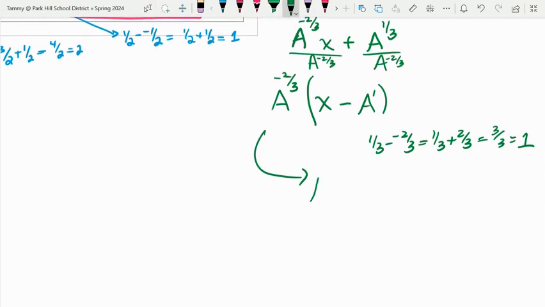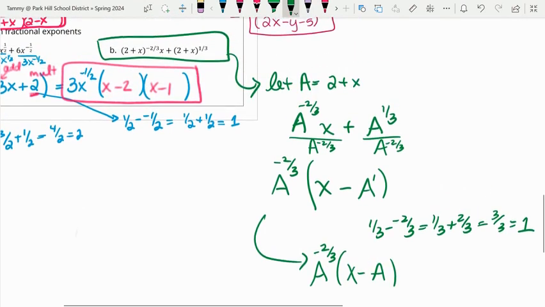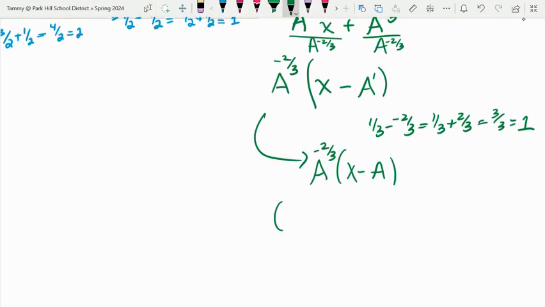Finish this out, my a to the negative 2/3. Make it look nicer, x minus a. Then we finish out what is a. A is 2 plus x. So I just replace that as 2 plus x to the negative 2/3 times x minus quantity 2 plus x, because my a is 2 plus x.